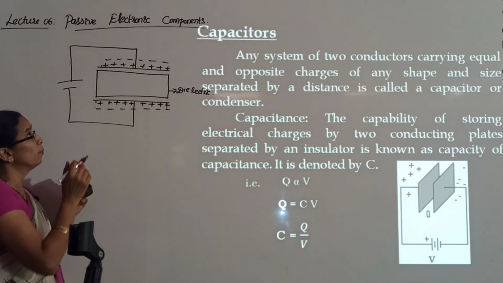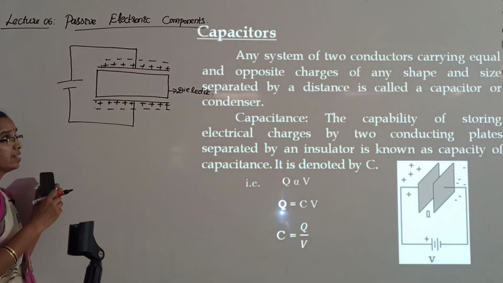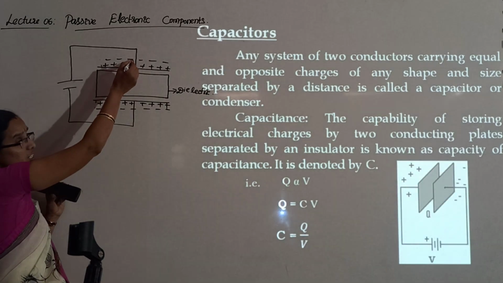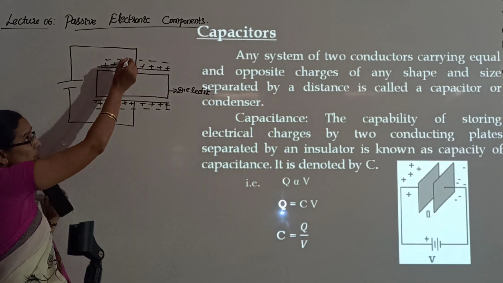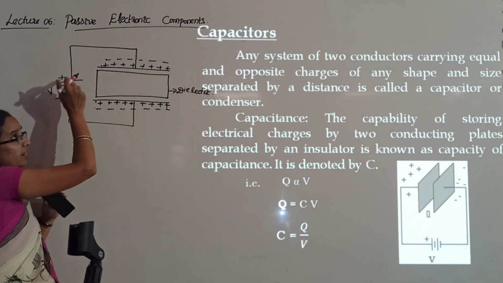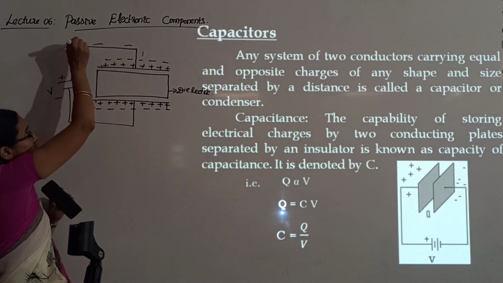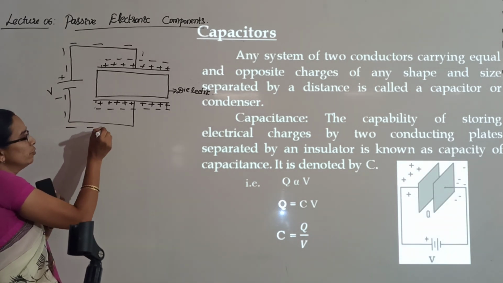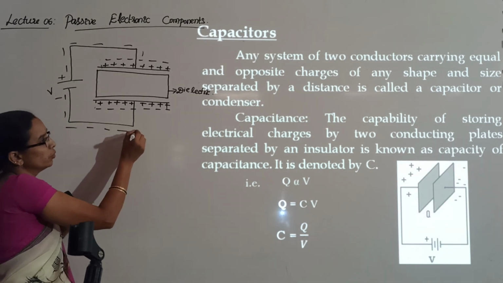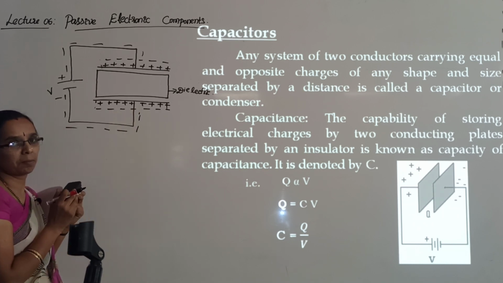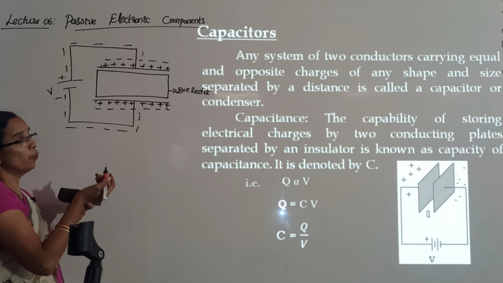Whenever you apply a potential difference between these two plates, the negatively charged particles, that is electrons, are attracted towards the positive terminal of the battery and start moving towards it, and these electrons will be pushed towards the bottom plate of the capacitor. After some time, what happens?